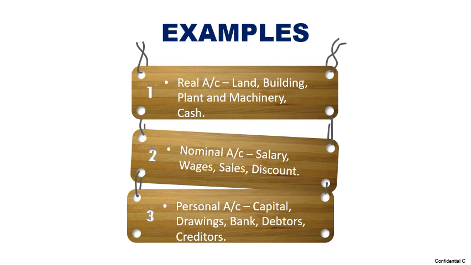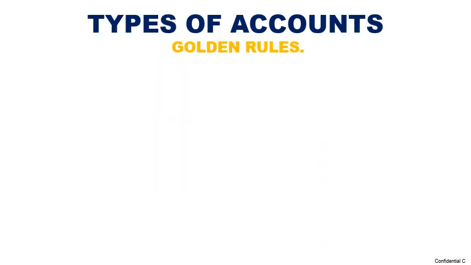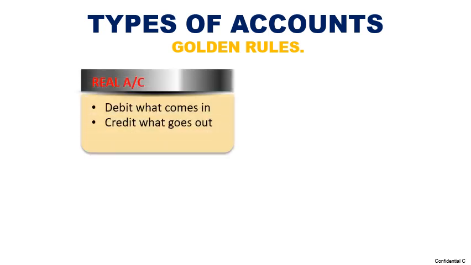So of the four types of accounts, first is real, second is nominal, third is personal. Let's understand the golden rule for the first three types of accounts, then we will see the fourth one. The rule for real account is debit what comes in, credit what goes out.